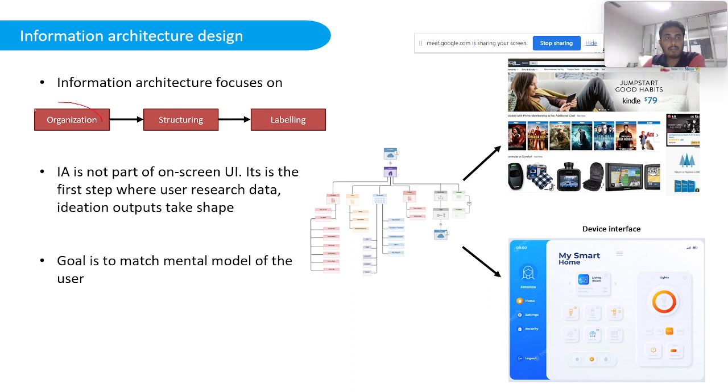So the first step is organization. Then we structure the information, and then we label it. Okay? So information architecture is the structuring phase in a UX design process.